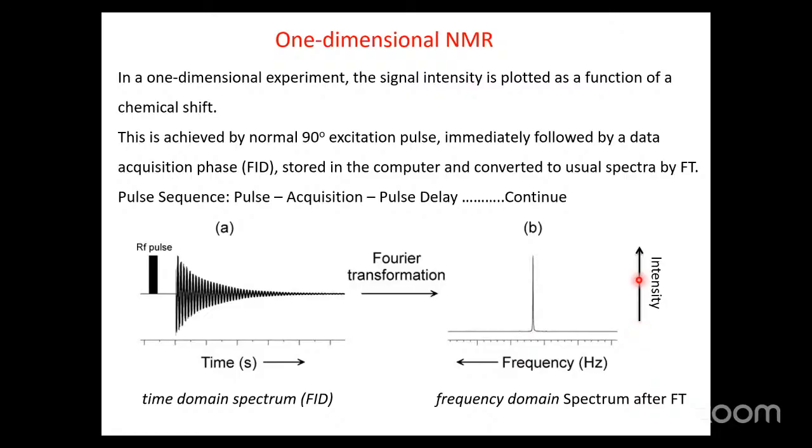Now this is achieved by a normal 90-degree excitation pulse immediately followed by the data acquisition. That data we are storing in computer and converting into a frequency domain spectra by Fourier transformation technique. And this sequence we are repeating again and again to get an intense peak in the spectrum.